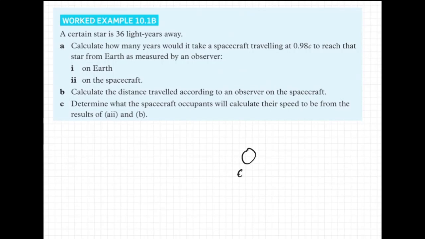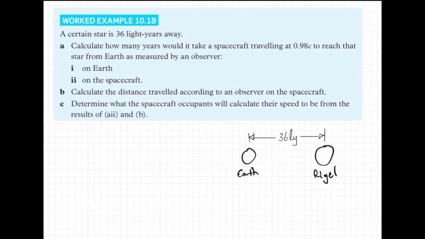This is Earth. This is, what's a good star, Alex? Rigel? Is Rigel 36 light years away? 36 LY for light years. Now, this is a length.